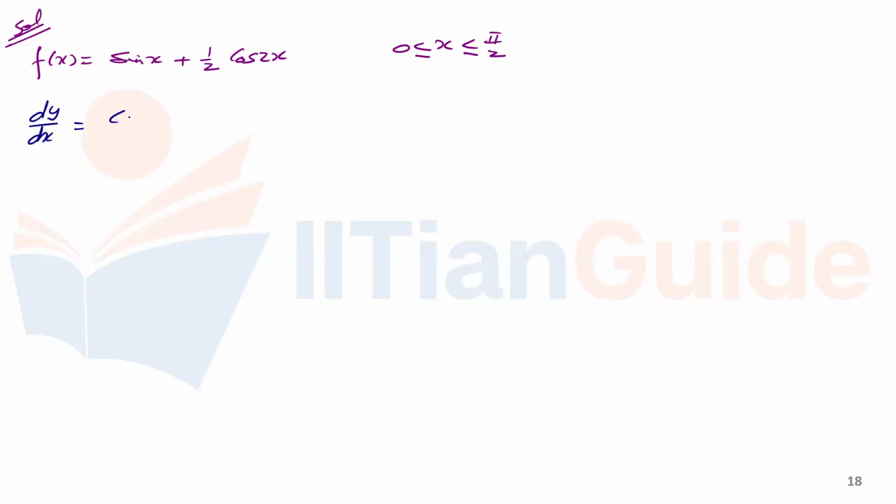dy by dx of sin x is cos x, plus 1/2 would be there, and if we differentiate, the minus will come. I will get 2 of sin 2x. So basically I will get cos x minus sin 2x. Am I right? No problem.